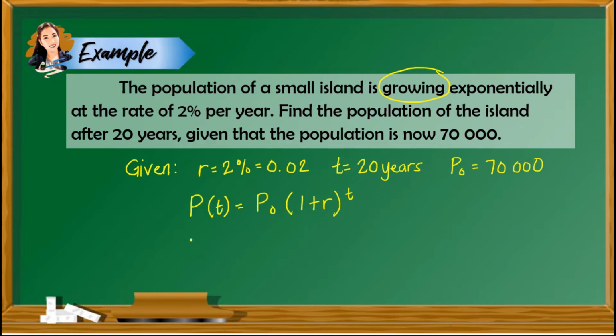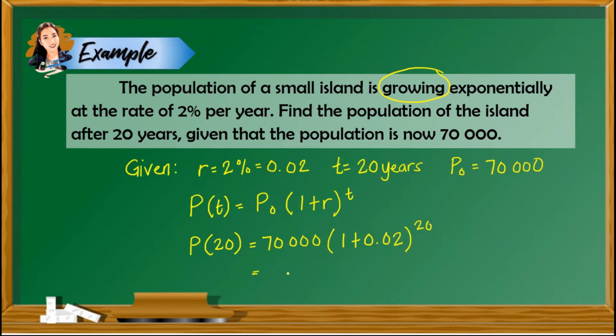So we are looking for the population after 20 years. So we have P of 20 is equal to 70,000 times 1 plus the rate of 0.02 raised to the power of t, which is 20.